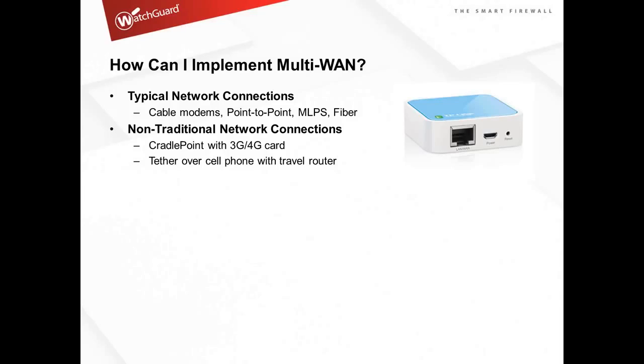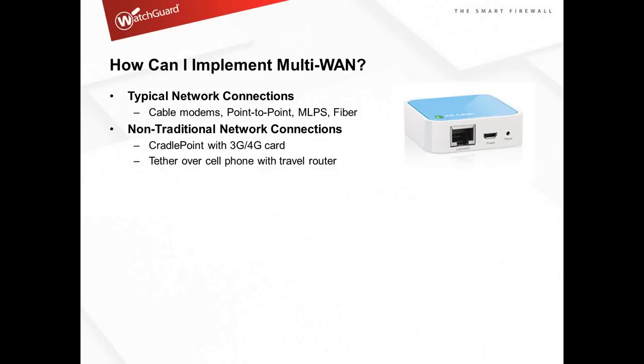So again, at my former employer, I had an XTM, and I simply had my cell data plan that I would tether. And there's a couple of options that we can do for that. For instance, we have a tether over a cell phone option with a travel router where it just hands out an RJ45 connection that we can plug right into the XTM.